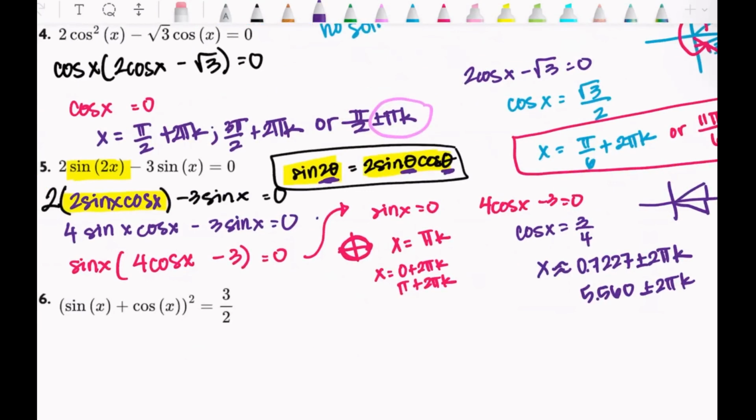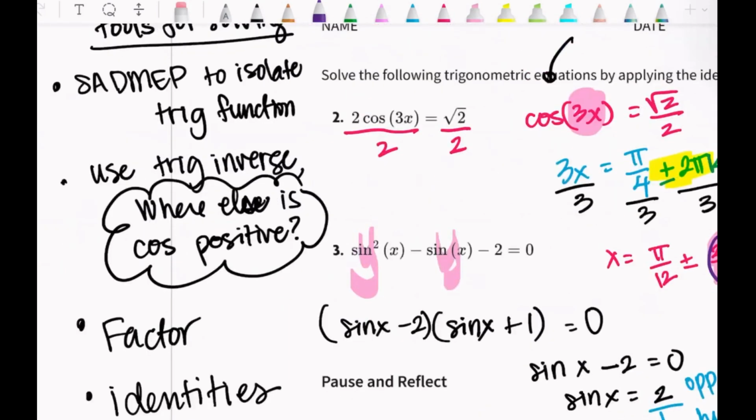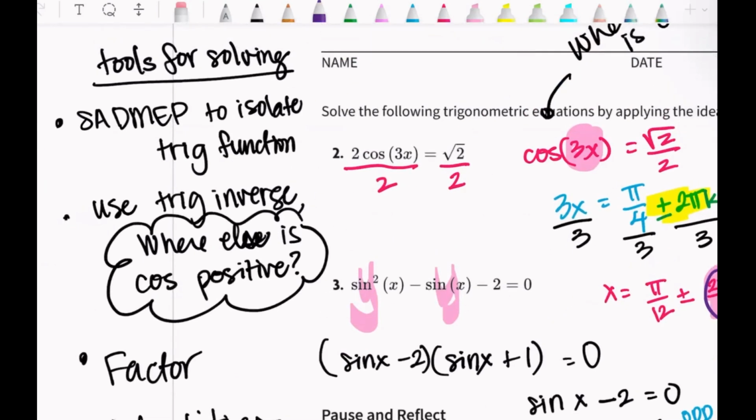So I'm running through these relatively quickly because the whole point is you're just, again, adding up all these things together, right? All of my tools that I have listed here, those aren't new tools. SADMAP, you've been using since probably 6th and 7th grade. Trig inverse, that is new, but it's not new to this section.